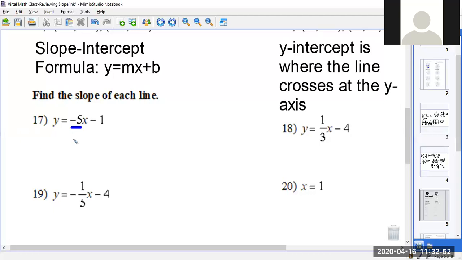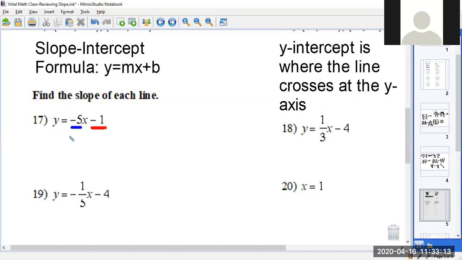So now my y-intercept is negative 1. Because as you can see here, m is the number or the coefficient that is next to x, and b stands alone.